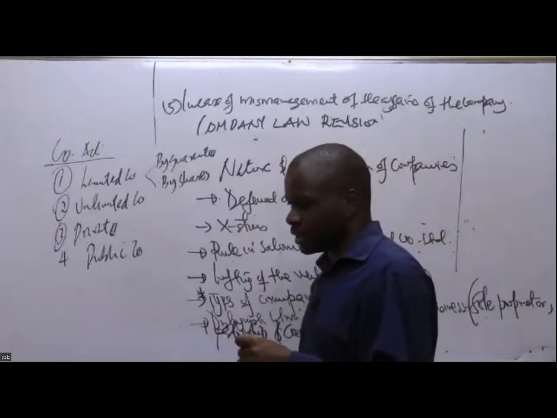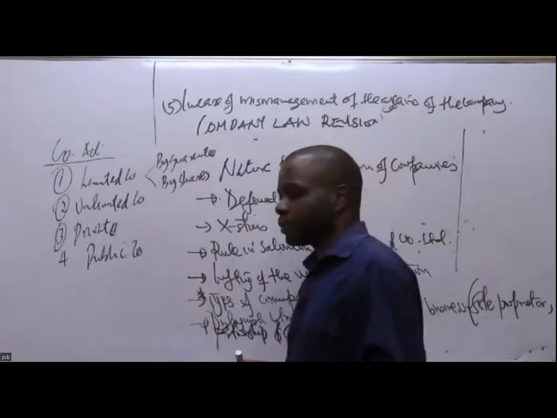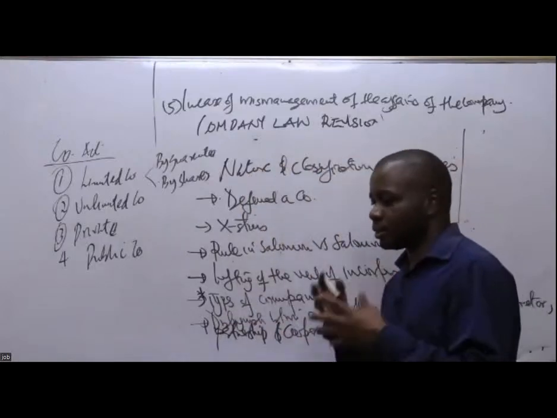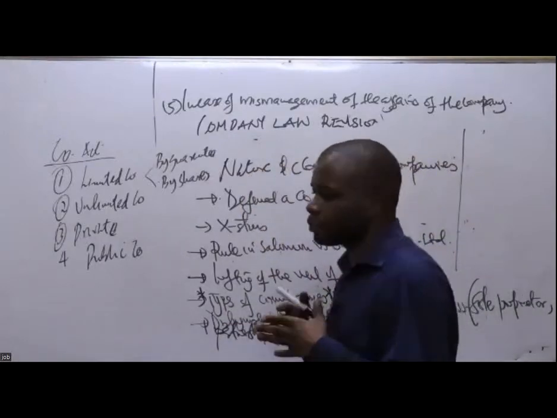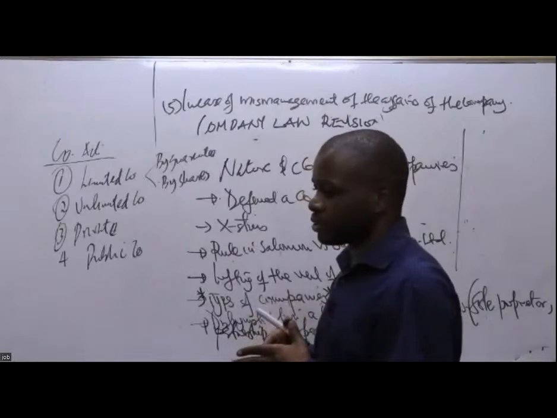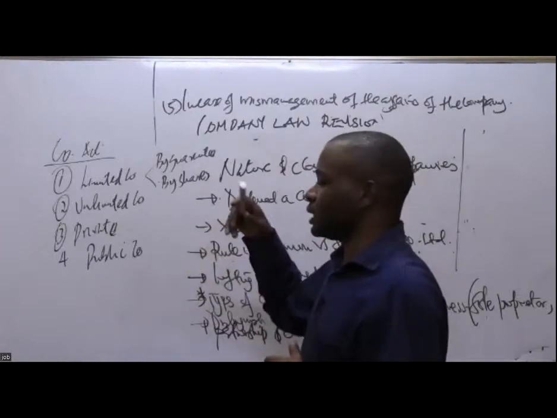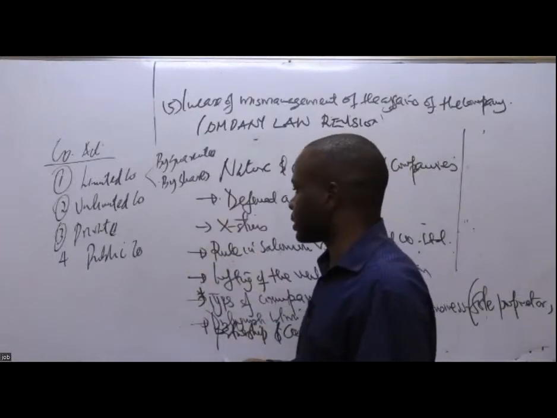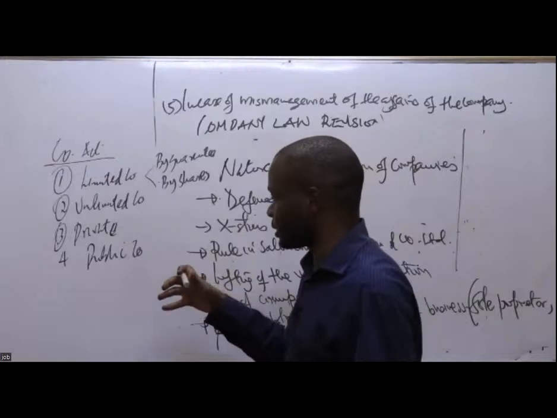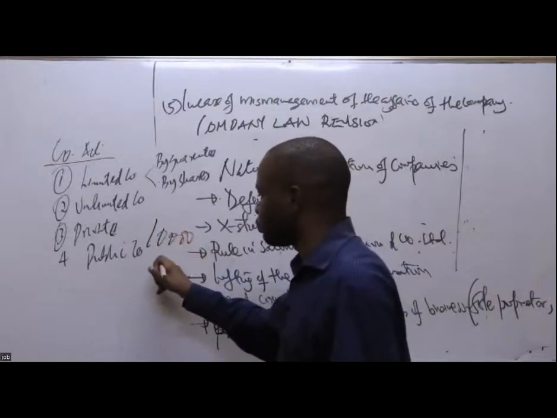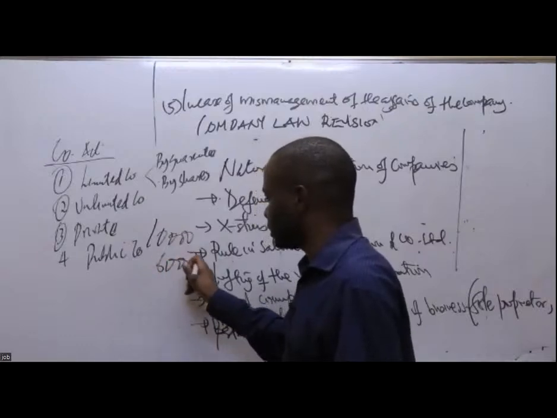What of it if it is limited by shares? A company that is limited by shares, most obviously the first thing to know, the liability of a member is limited. Up to what extent? The number of shares you hold in the company or the amount outstanding on your shares. For example, if you can remember, if you have 10,000 shares in the company, you've only been able to pay for 8,000.